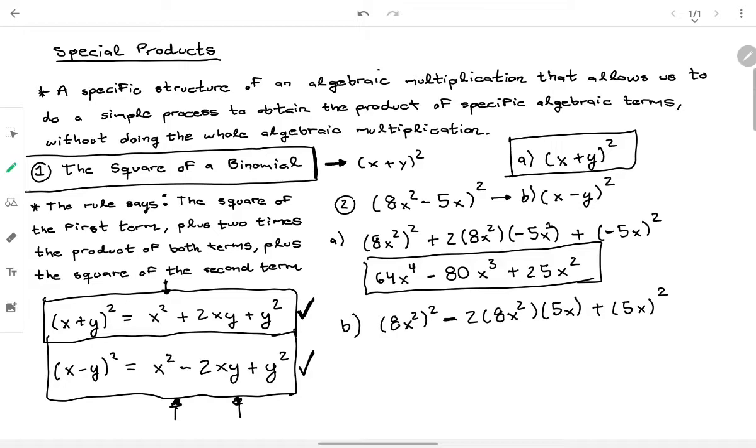So that's a very important thing you need to remember, because that's the most common mistake in this type of exercise, putting also the negative terms of minus x. No, if we are using the second rule, then we don't need to use the signs of the terms. We will always use the terms in a positive way.